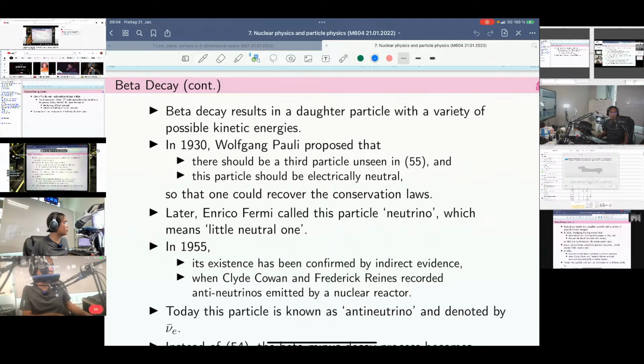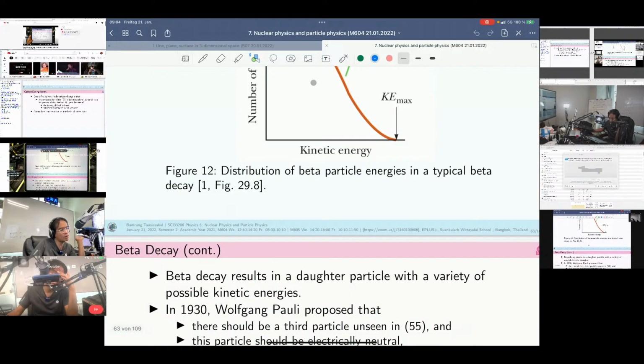Wolfgang Pauli: beta decay results in a daughter particle with a variety of possible kinetic energies. As you can see here, it's continuous. So it would not be only the electron; the energy we got here would not be due to the electron only.